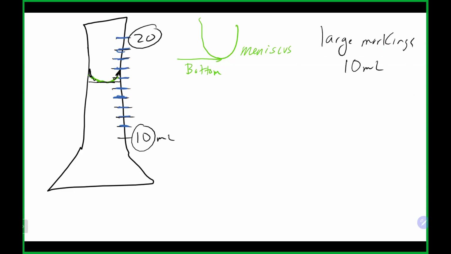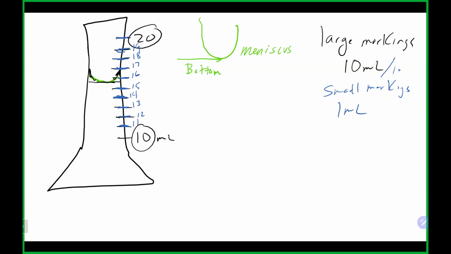And again, we're going to stop at the next one, which is 10. 10 divided by 10 means the small markings are 1 milliliter, right? That means right here is 11, 12, 13, 14, 15, 16, 17, 18, 19, and 20.